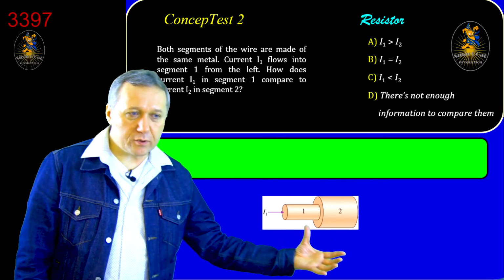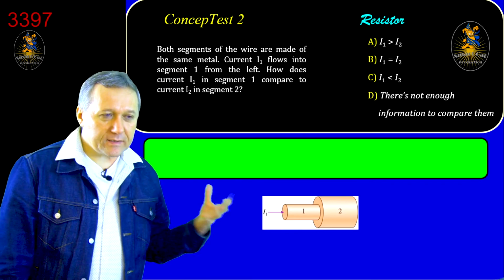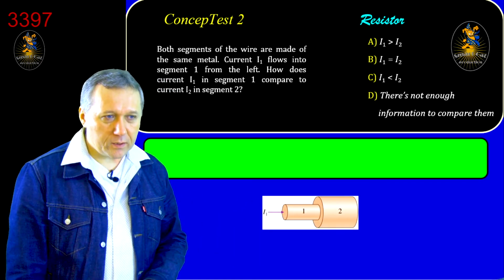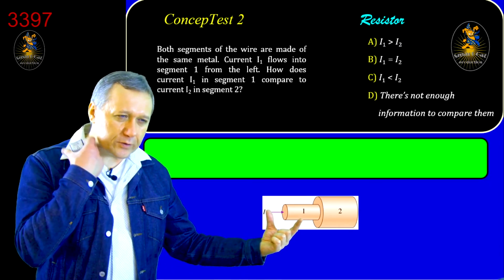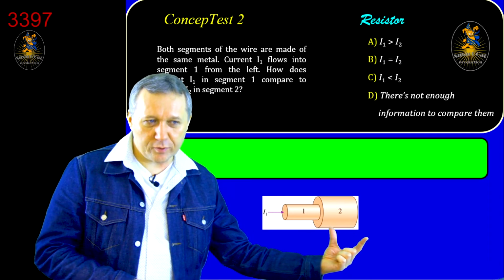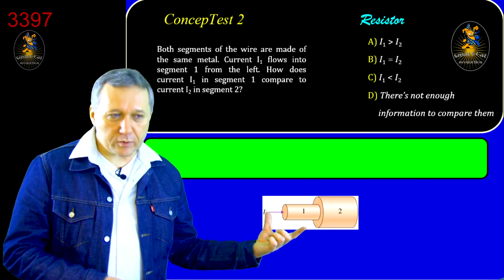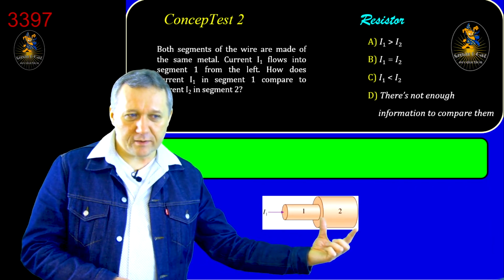We have this piece of a conductor with, of course, resistance, right? And let's assume current flows through this structure. You see we have the first component and then the second component of this conductor with resistance, right? So what about current? Current in the first component and current in the second component.